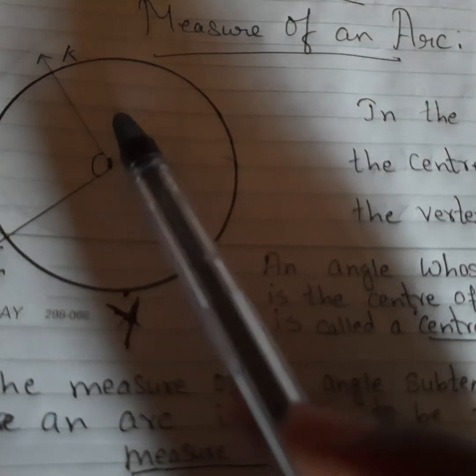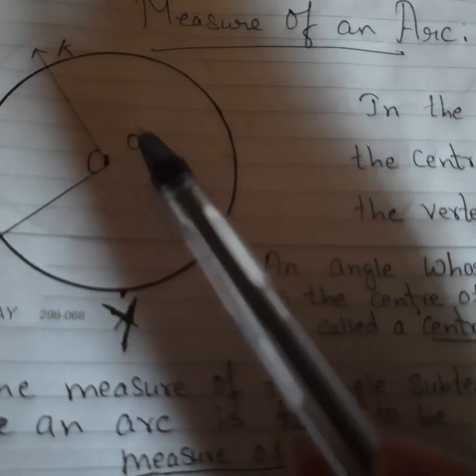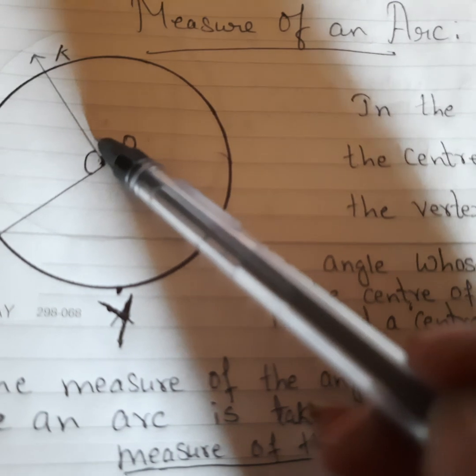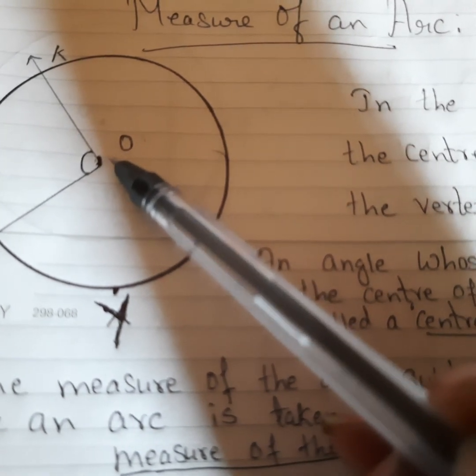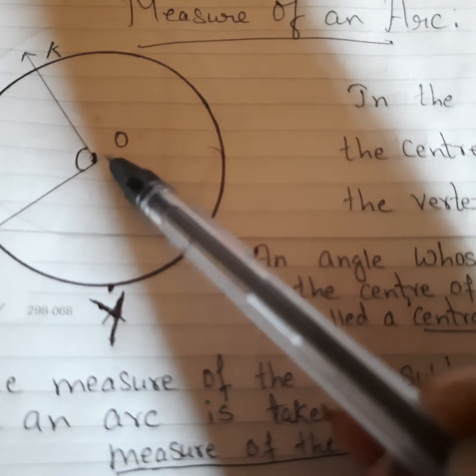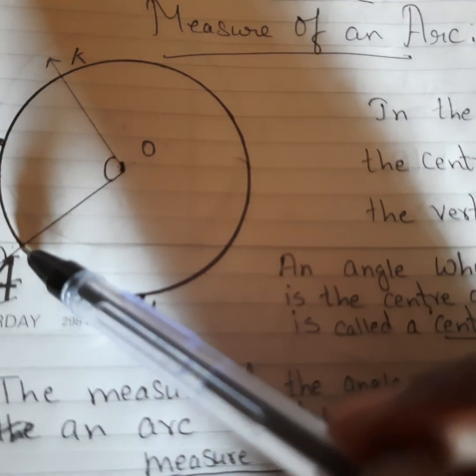So the measure of the angle subtended at the center by an arc is taken to be the measure of that arc, children.